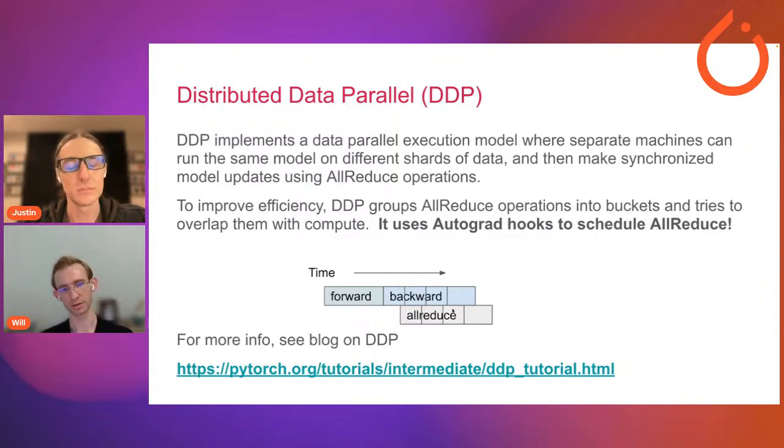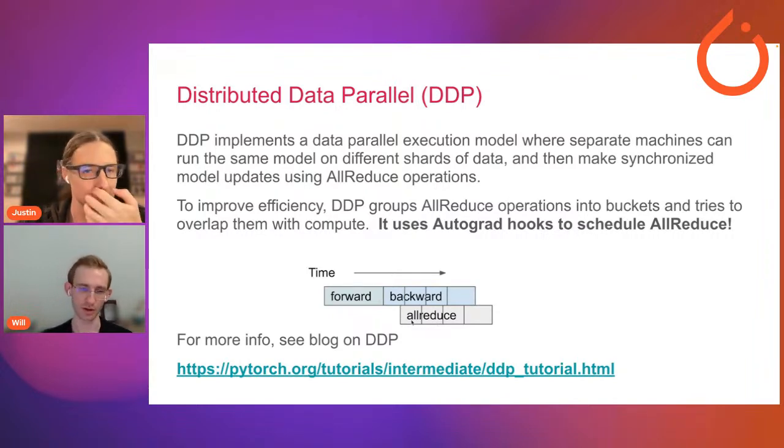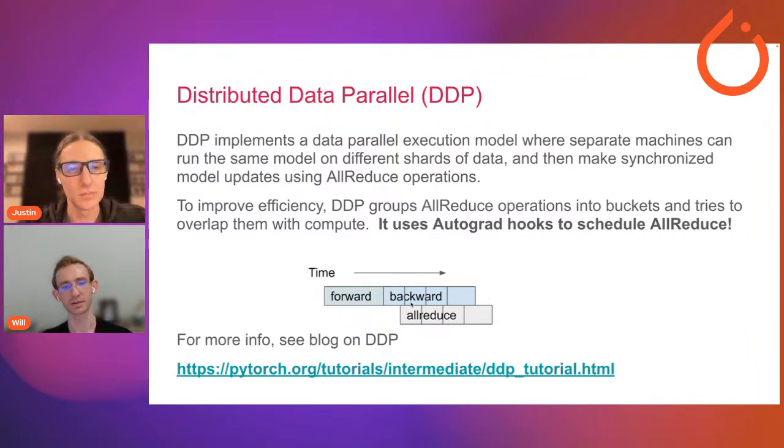And in order to make it faster, DDP tries to overlap all reduce operations with backward compute. That's what this diagram is trying to show: after you've gone through the forward pass of your model and the backward pass has started, if you finish the backward pass for a single layer, which is one of these smaller boxes, then you can start communicating that layer's gradients while you compute the next layer and so forth.